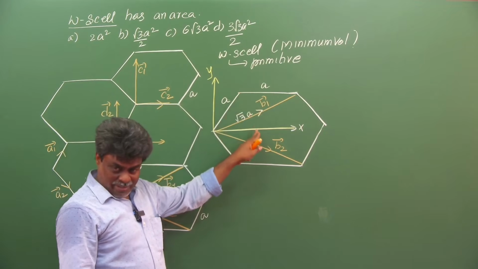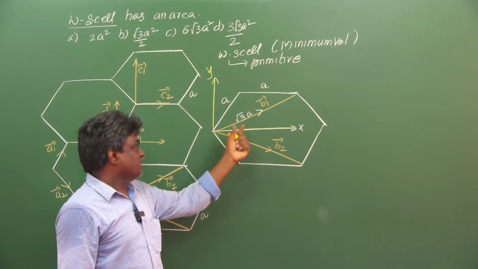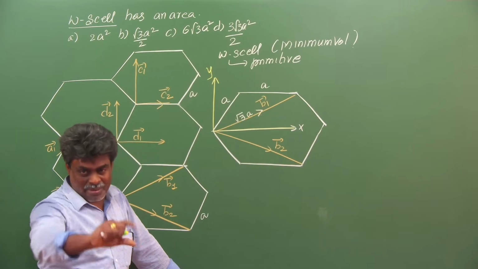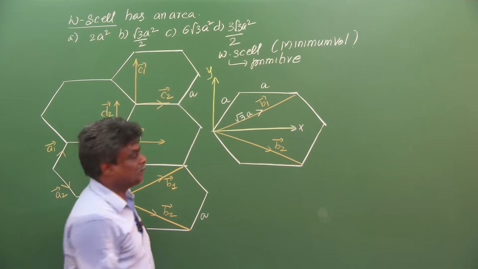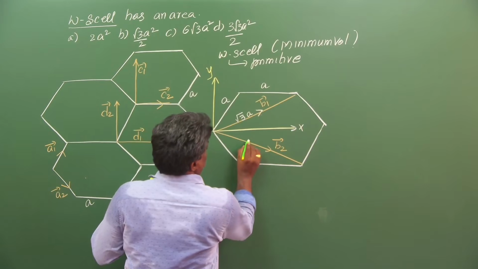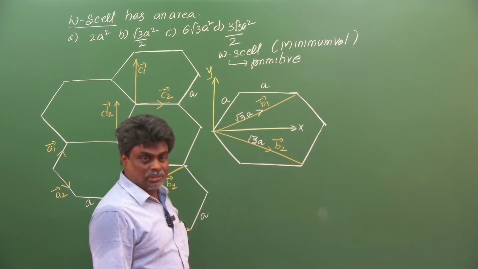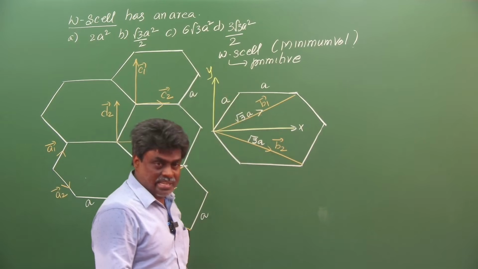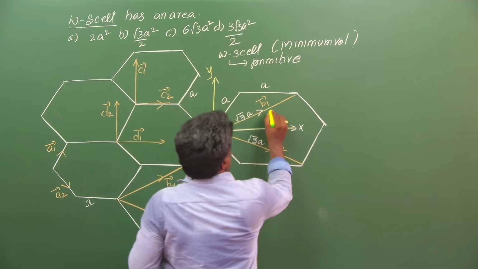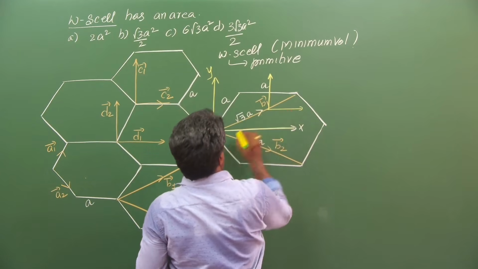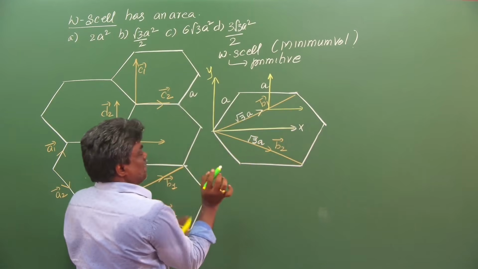Take a perpendicular and it will divide, then you get root 3A by 2, root 3A by 2, that will be root 3A. So this is also again root 3A. You have the magnitude and I have the coordinate axes x and y. I am going to resolve this, right and up.